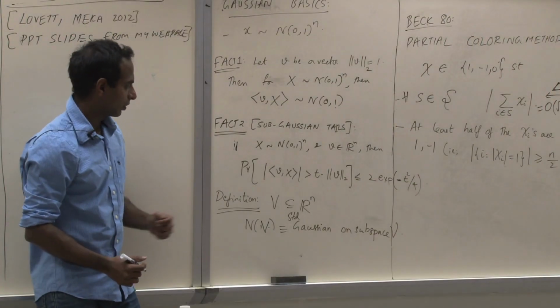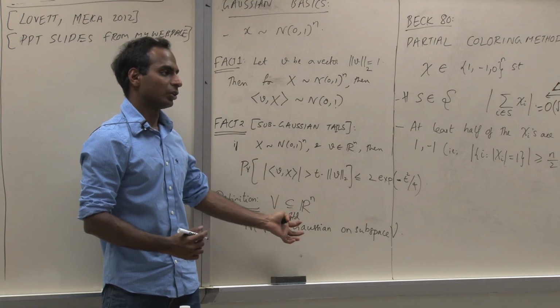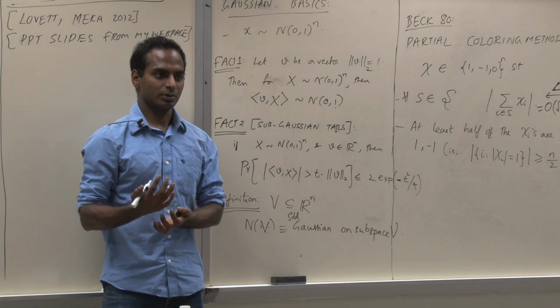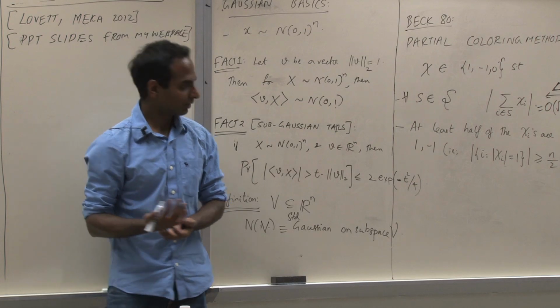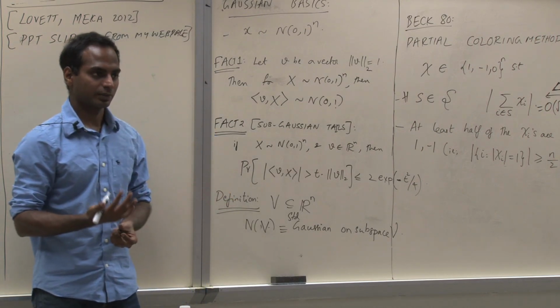Okay. So if you want a formal definition, what you do is you pick an orthonormal basis for the subspace V, and choose a Gaussian distribution in that basis.